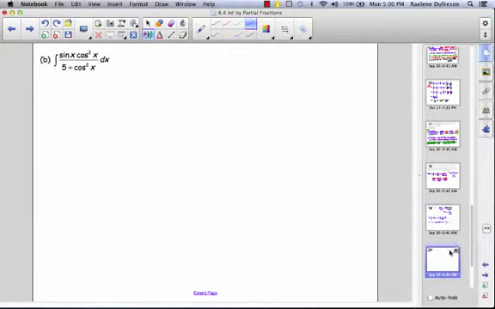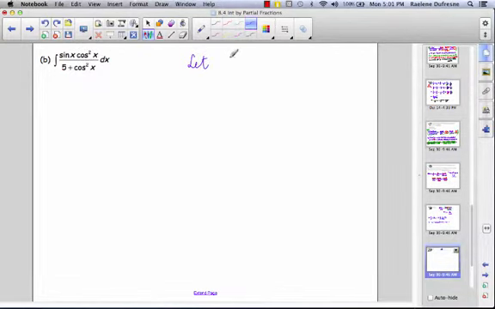In the next case, we have sine x cosine squared x all over 5 plus cosine squared x dx. And it doesn't look like a rational function in the sense that we have trigonometric functions, but we do have a denominator. And we have something repeated, namely the cosine squared x. We also have the derivative of cosine x, which is negative sine x. And so I'm going to try using a substitution to hide the details of cosine x.